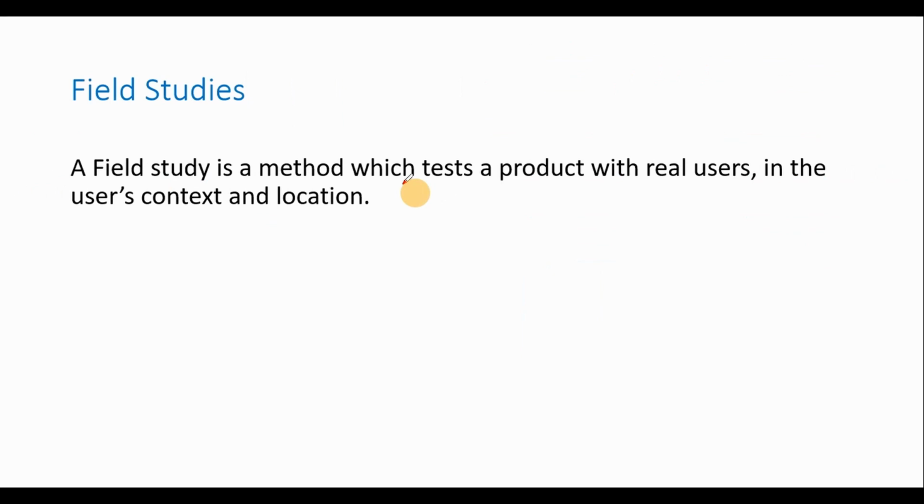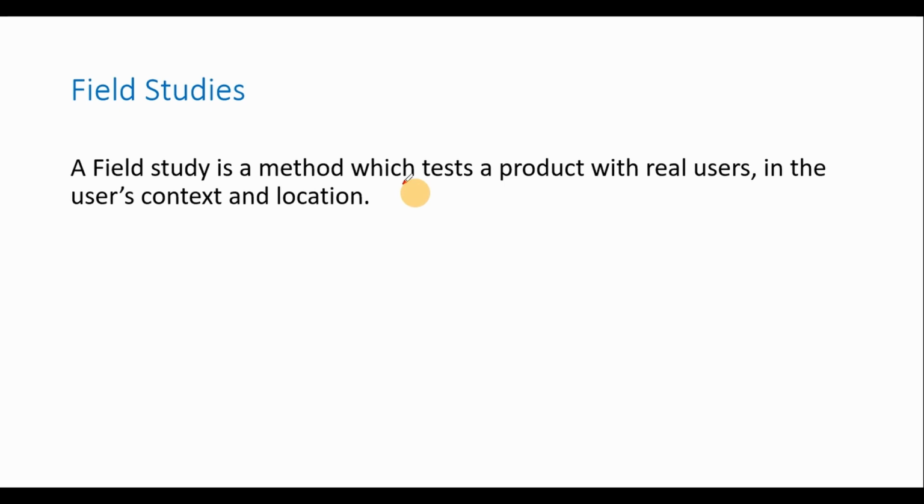A field study is a method which tests a product with real users in the user context and location. Field studies are important as they add context to insight. By testing with real users in the environment where they will use the product, you can discover the context of why users are doing what they are doing.